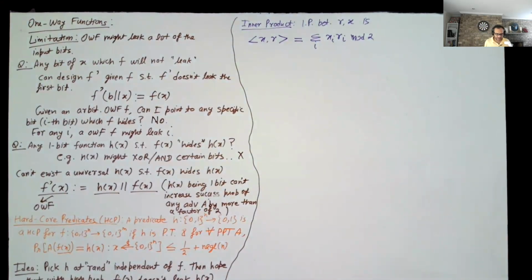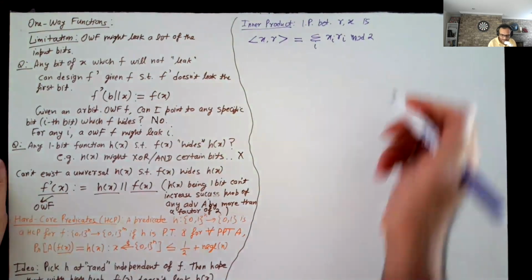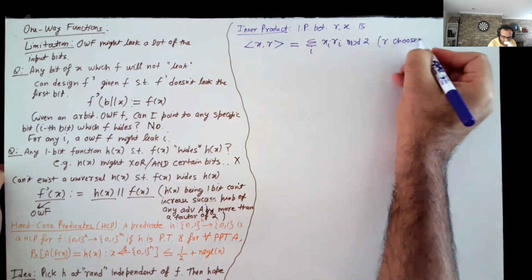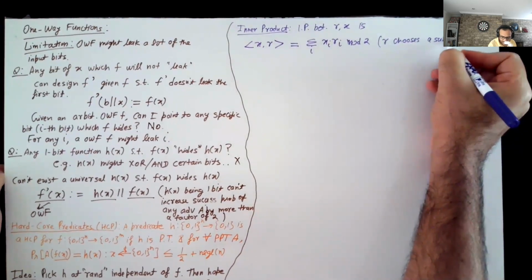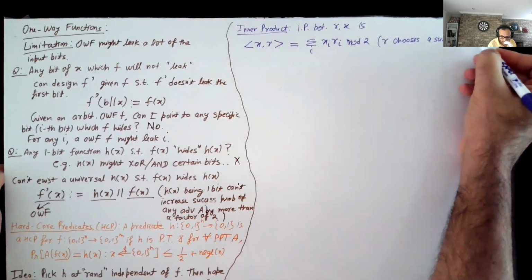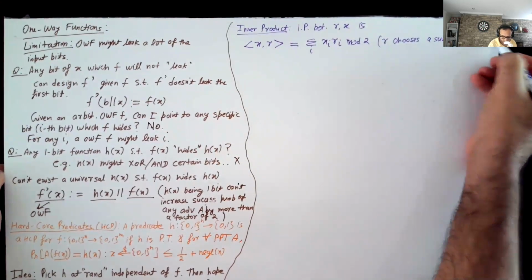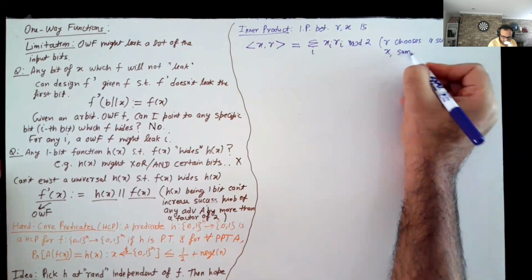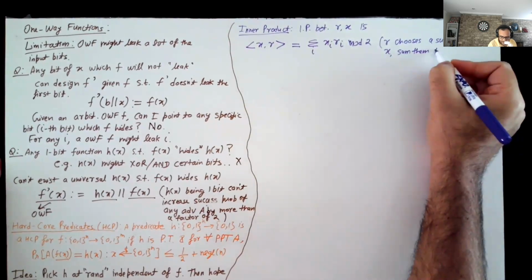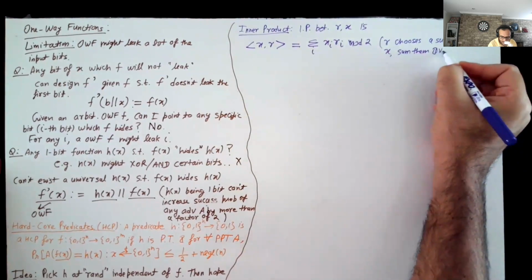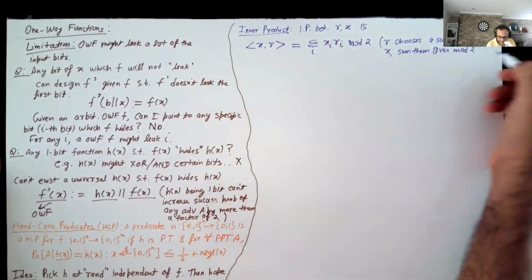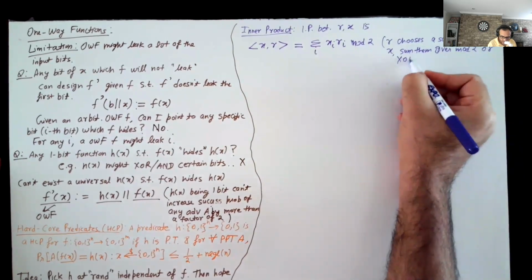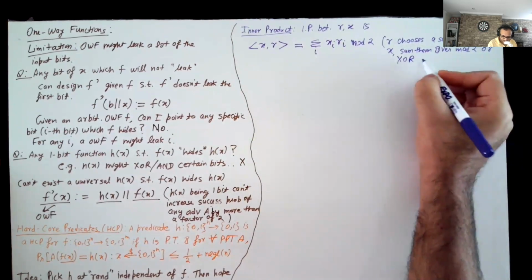I'm sure that many of you have seen this before. Essentially, R chooses a subset of the bits of X, then you sum them mod 2, which is the same as XOR of the selected bits.